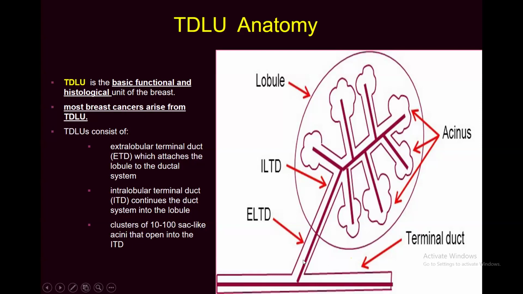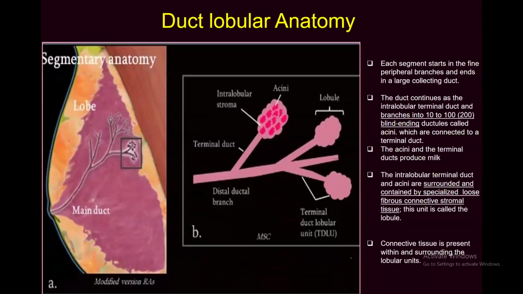And as you know, the terminal duct lobular unit is the functional unit and the histological unit of the breast. This is the factory of the milk, and this is where most of the breast pathology arises, especially breast cancer. Again, a representation of the terminal duct lobular unit.